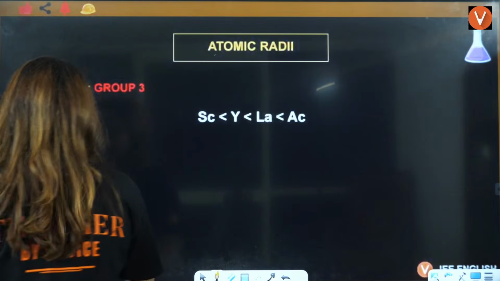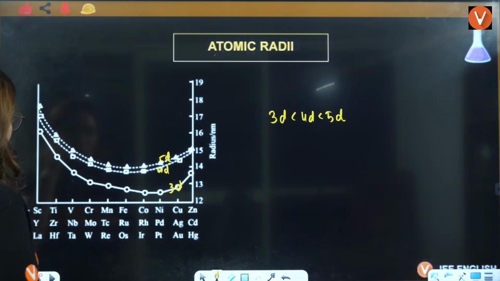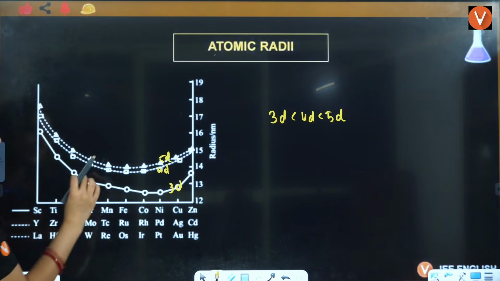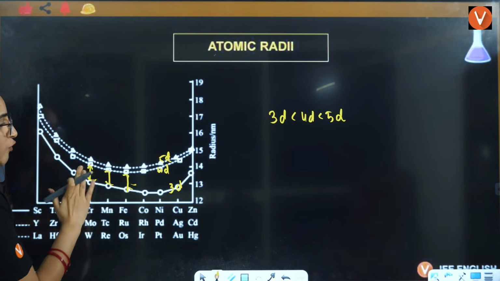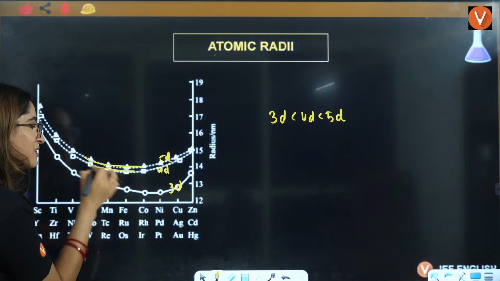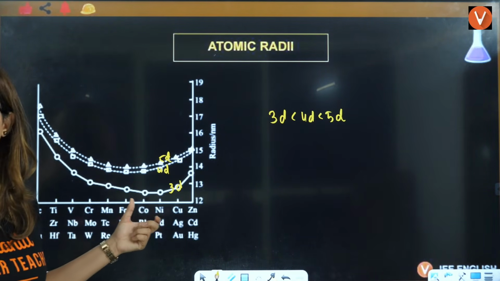Can we see this in the graph, ma'am? Yes, you can actually visualize this in the graph as well. From this, can you see there is a very large gap? Over here, 4d and 5d have a similar graph, almost overlapping with each other.